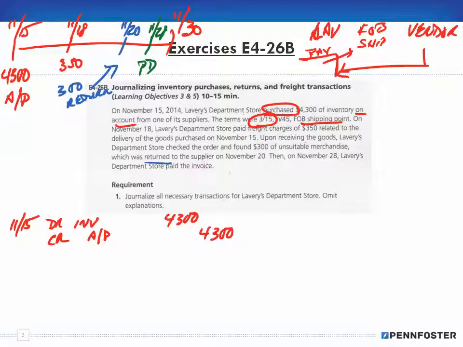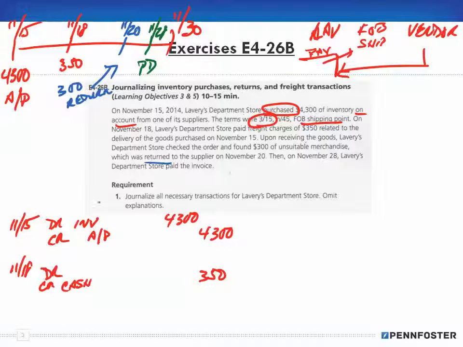Now, on November 18th, we have to pay an additional $350 in cash for the freight. So we're going to credit our cash, right? Am I expecting cash? Yes. It's decreasing, so I credit my cash by the $350, and I have to debit something else.